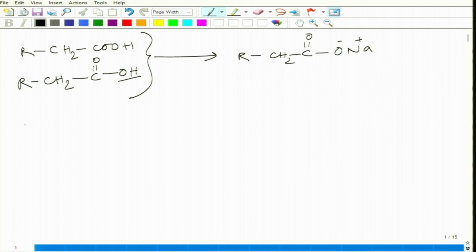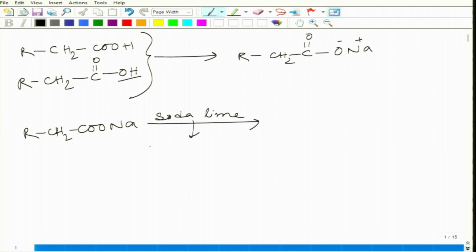So, the reaction is: the sodium salt of any carboxylic acid in the presence of soda lime. What is soda lime? Soda lime is sodium hydroxide plus calcium oxide.